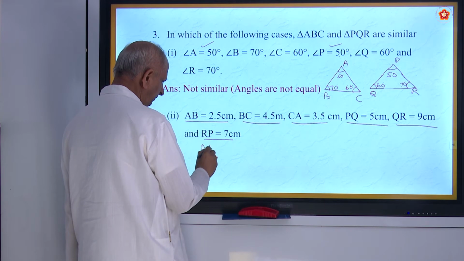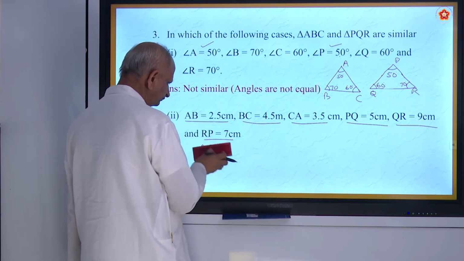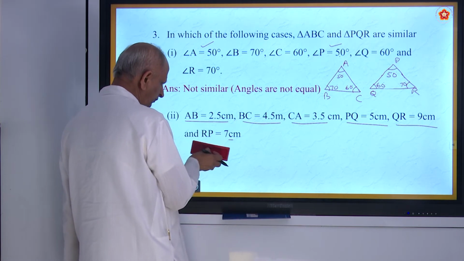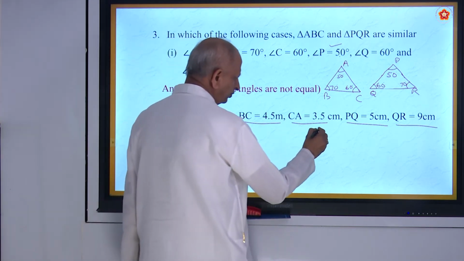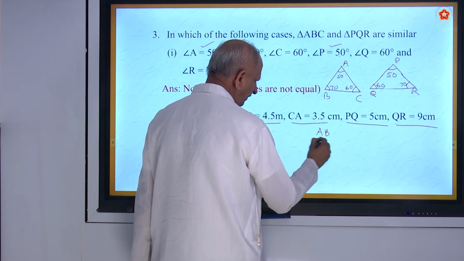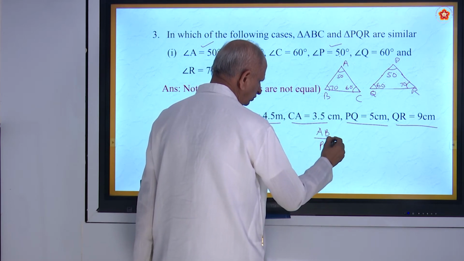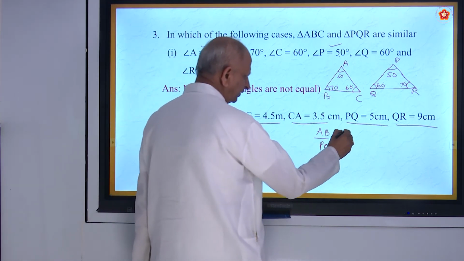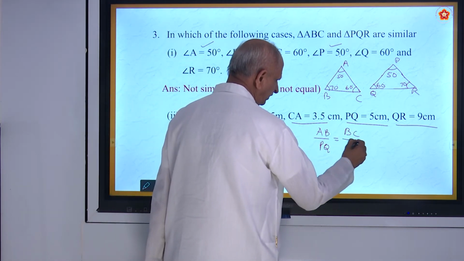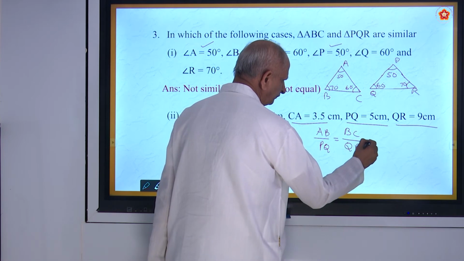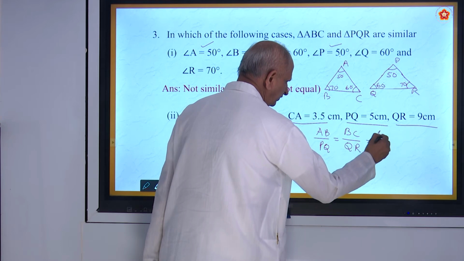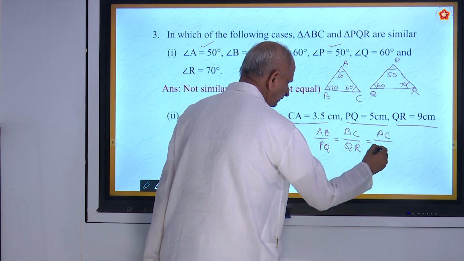So, AB by PQ, ratio of corresponding sides, BC by QR is equal to AC by PR.